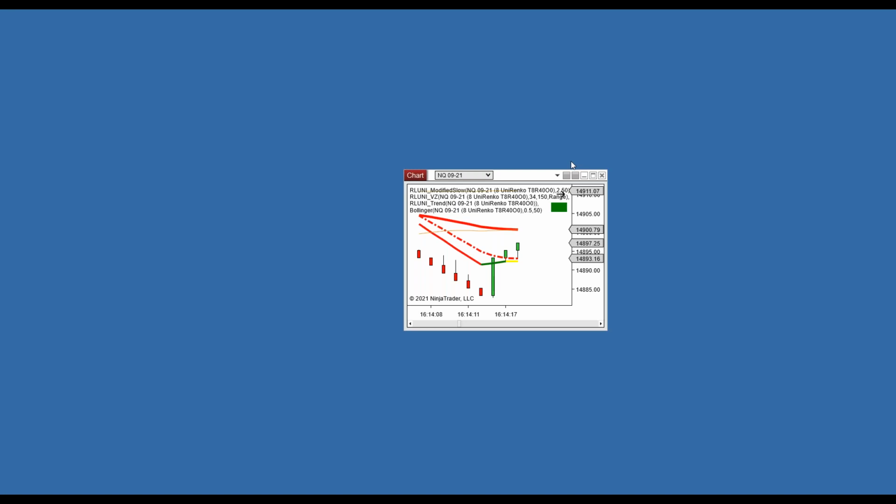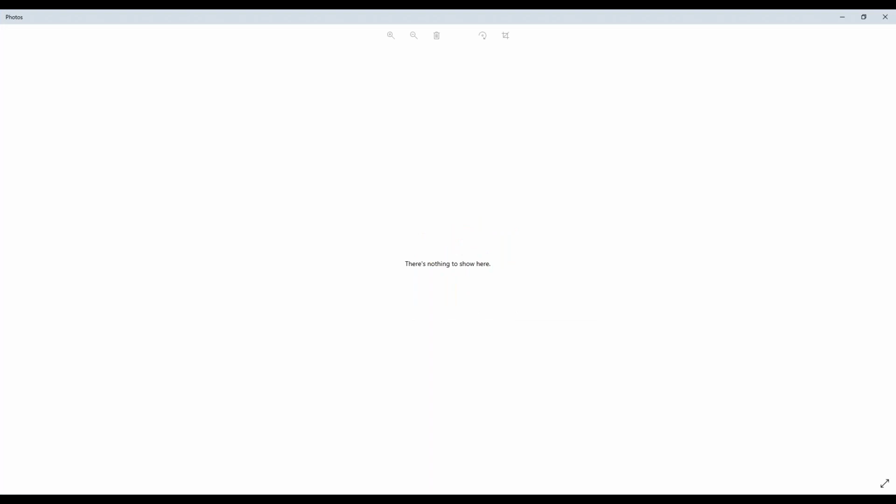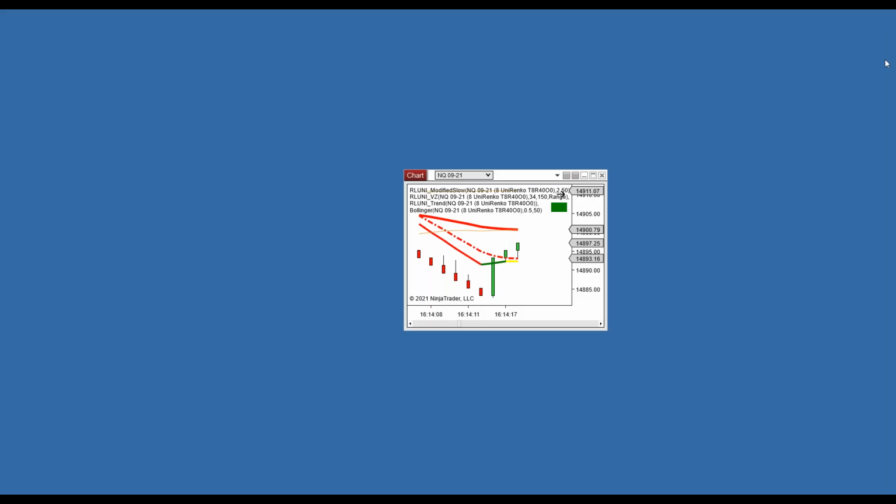Let me find the JPEG. Hold on. We've got one for the conservative and one for the aggressive. Let me just go to the desktop and find them. There's nothing to show. That's always nice to see. Let me open this with something else.